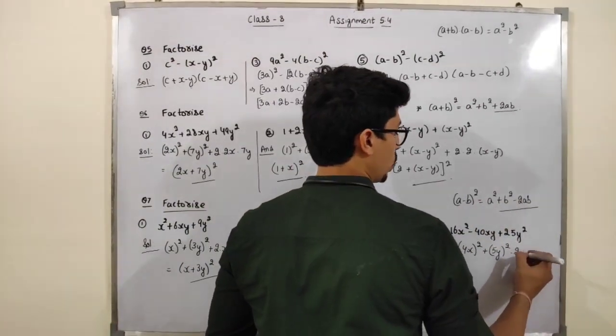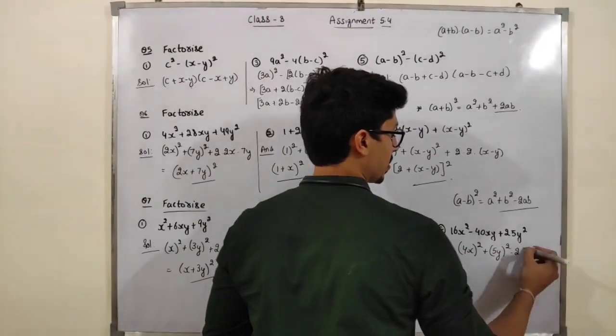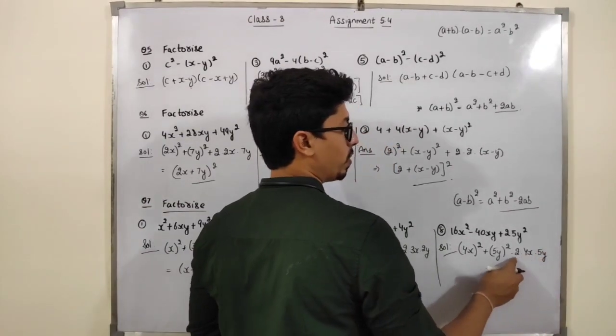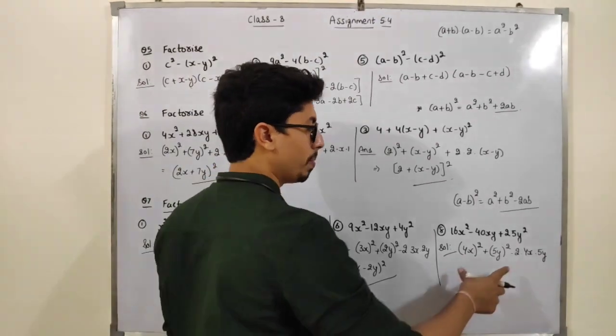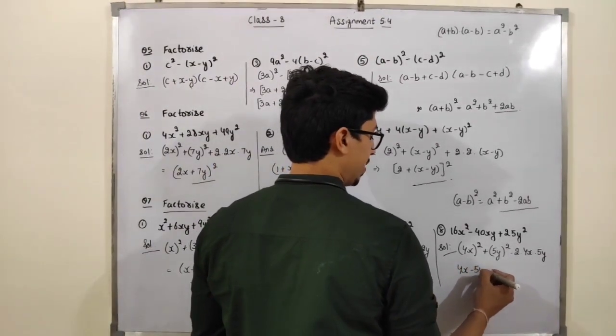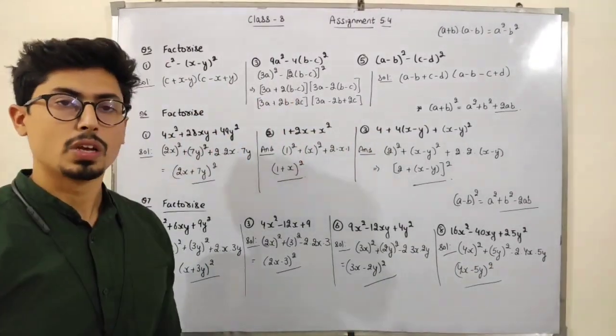So minus 2. A means 4x, b means 5y. So 5 into 4 is 20, 20 into 2 is 40, x into y as it is. So a square plus b square minus 2ab I have written. So this is 4x minus 5y whole square. And this is my required answer. Okay, students.